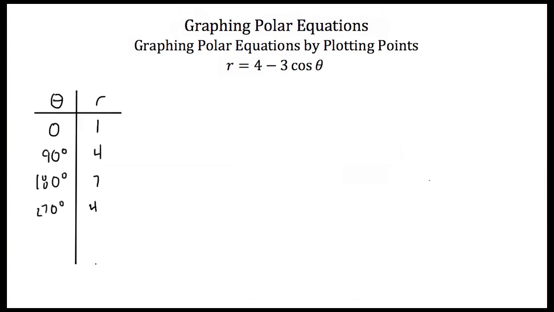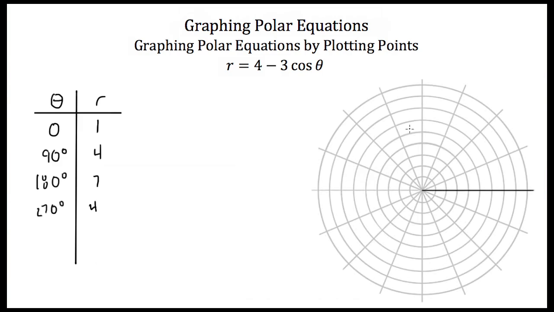Here I have a polar grid. Each ring is another value of r, and then the angle measurements are split up. 0 and 1 is right about here. 90 and 4 would be right there. 180 and 7 would be there.